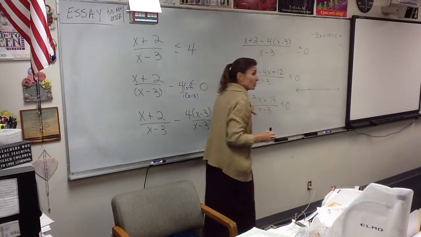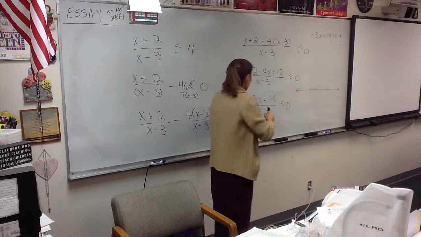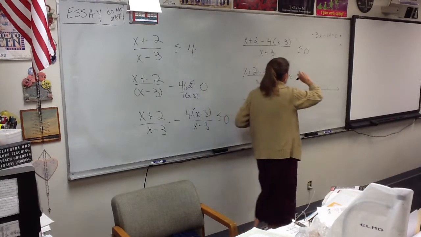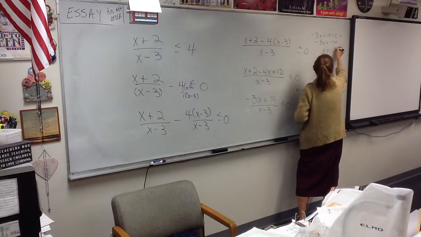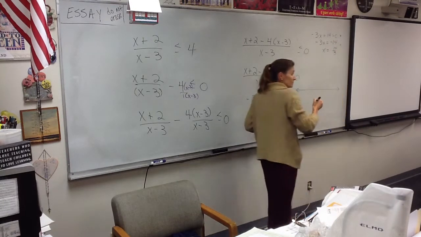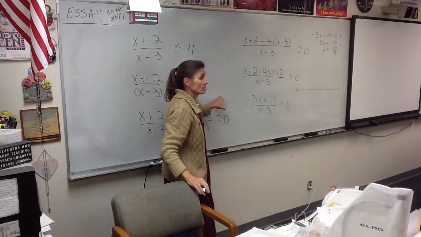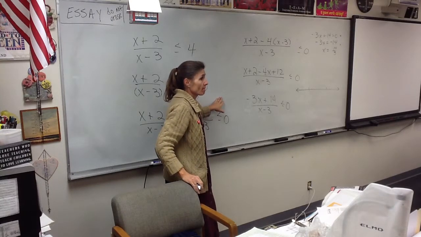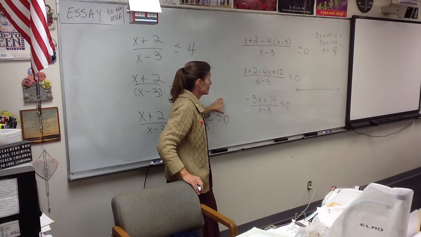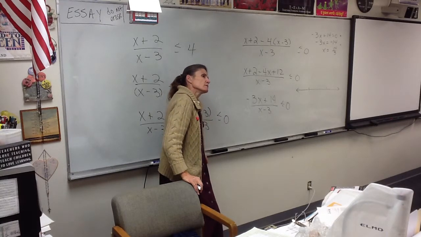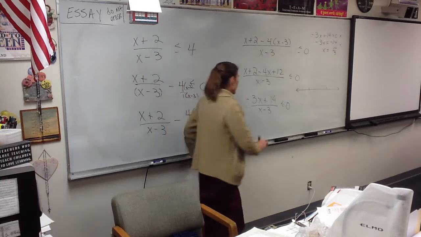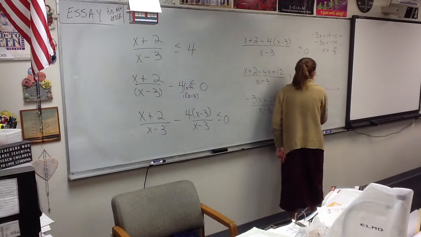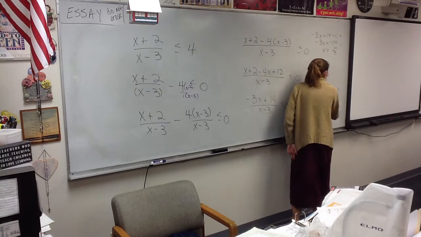So I'm going to set that equal to 0 and say, okay, that dot must be at 14/3. This problem's a lot of work. What's 14/3 in terms of a number? 4.6. So if I'm putting my 2 dots on the number line, I'll put 3 here and 14/3 here.